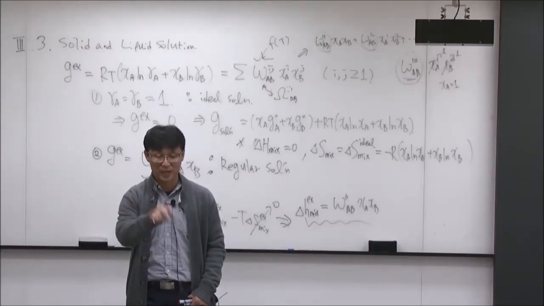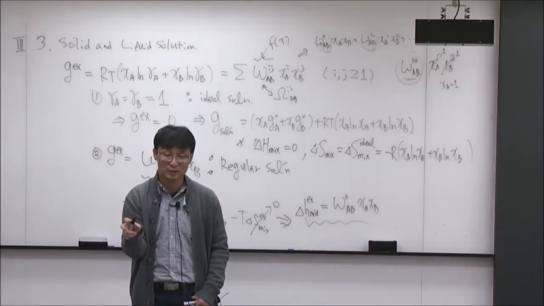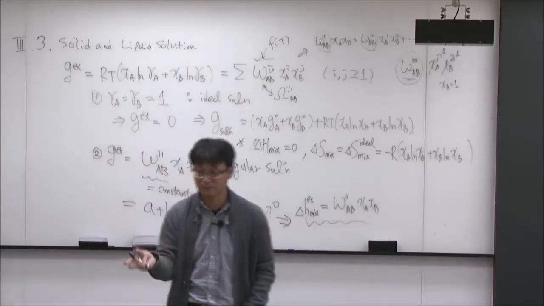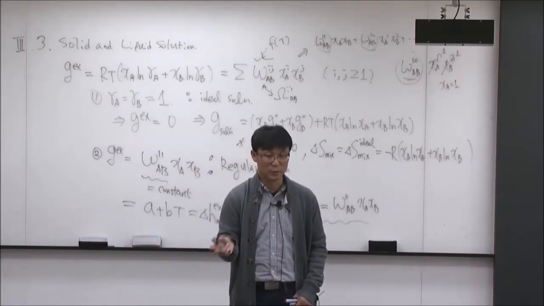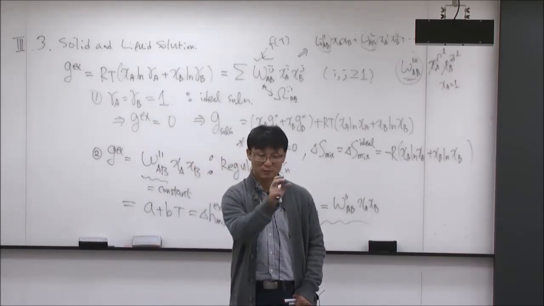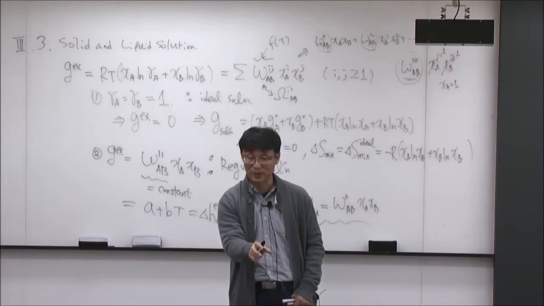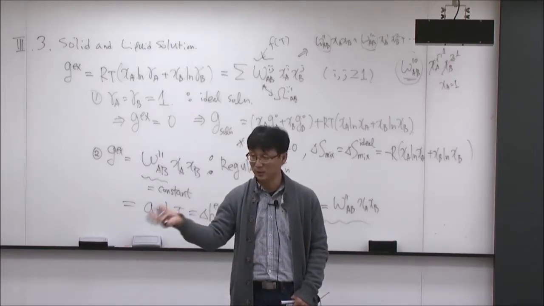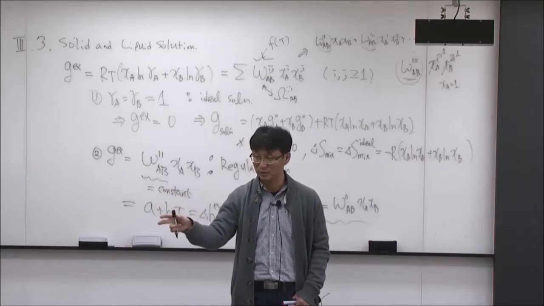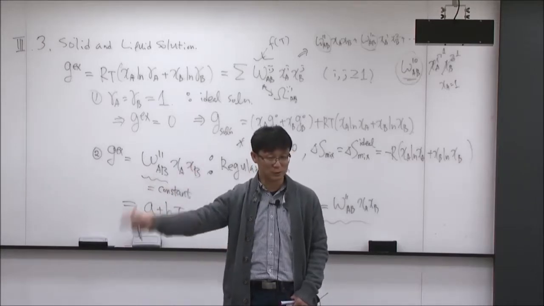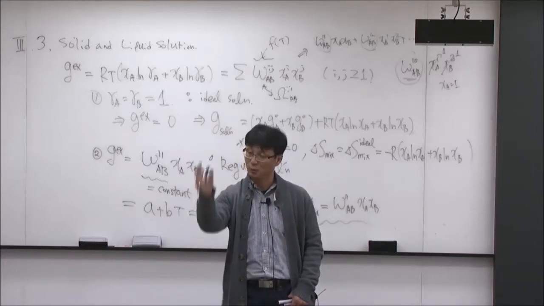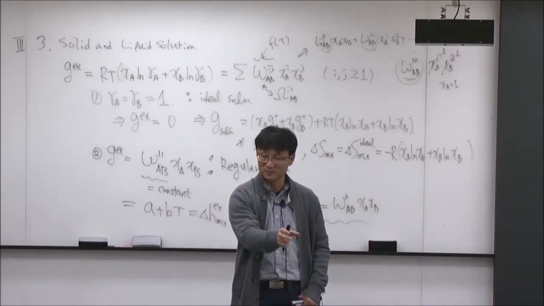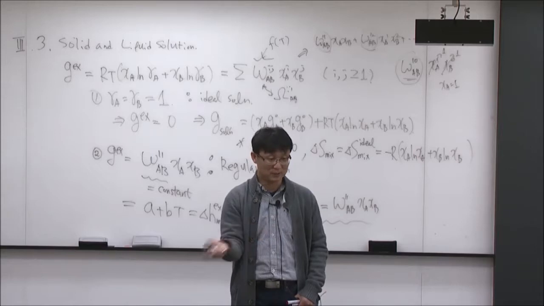The chance to have A and B together can be calculated directly from the probability function, yeah? Am I right? So the chance to have AA together is the mole fraction of A times the mole fraction of A. For BB together, the mole fraction of B times the mole fraction of B. And for AB, it is the mole fraction of A times the mole fraction of B plus the mole fraction of B times the mole fraction of A, 2 times XA XB, yeah?